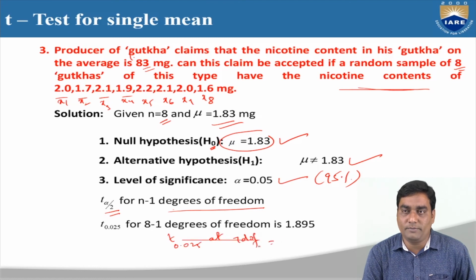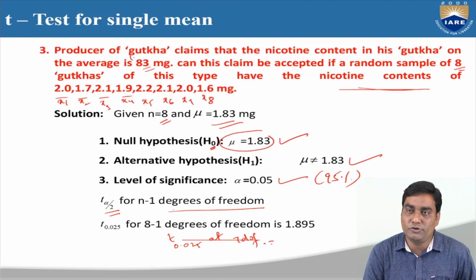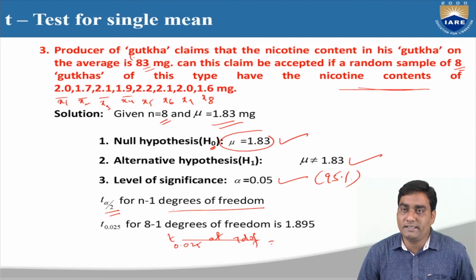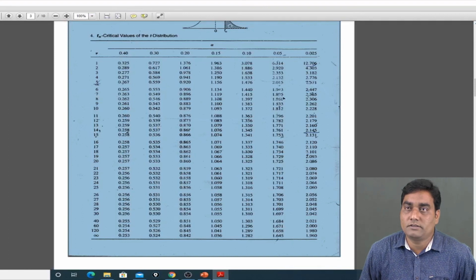This value we can also choose from the t distribution table. I'll show you the t distribution table at 7 degrees of freedom. This is the t distribution table at 7 degrees of freedom. The alpha by 2 value is 2.365, which we can choose from the table.